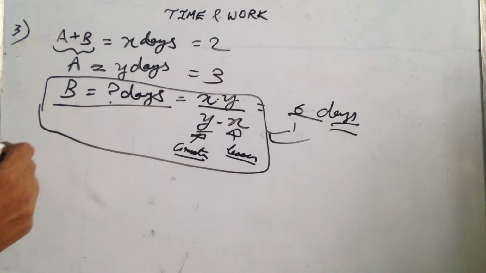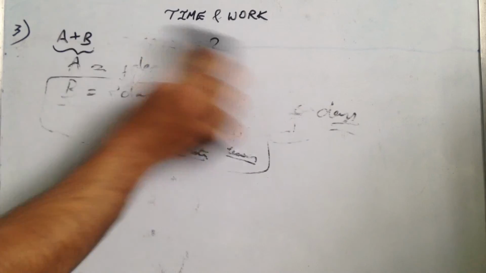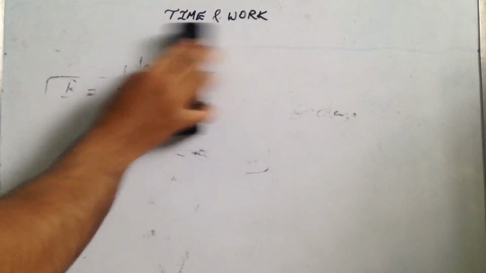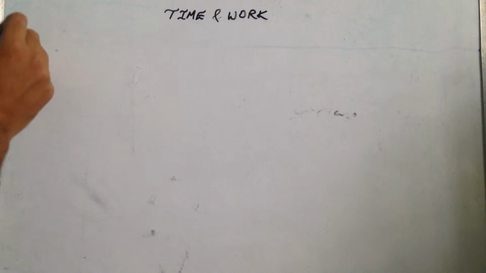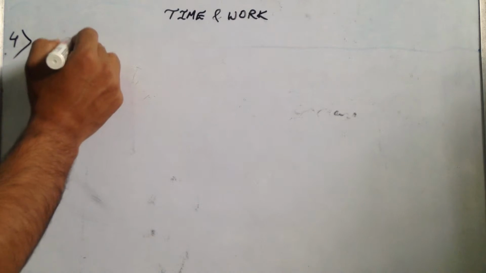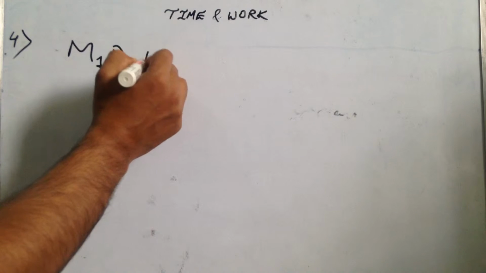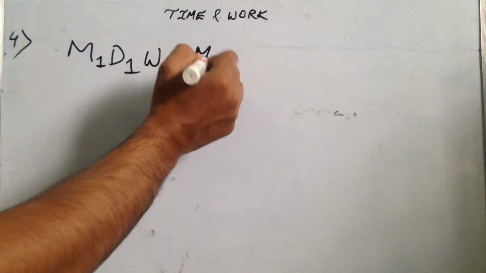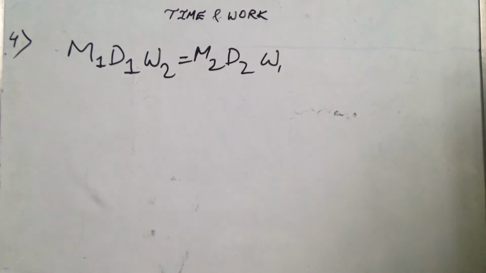So now let's see the other type. I think most of the students know this type if they have already gone through time and work problems: we have one general formula called M1 D1 W2 equals M2 D2 W1.